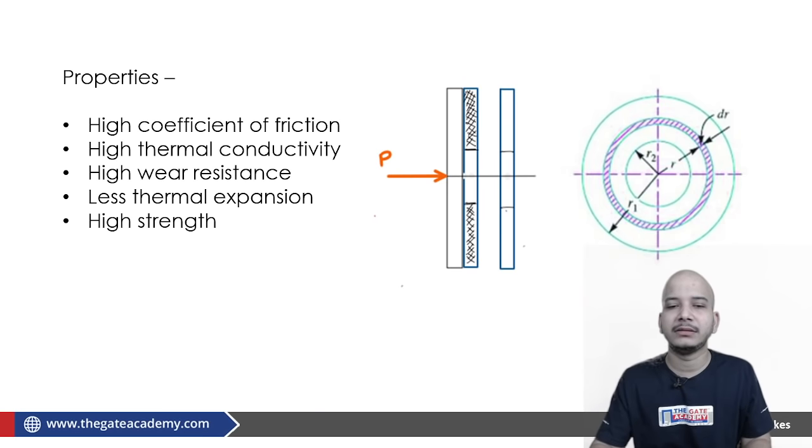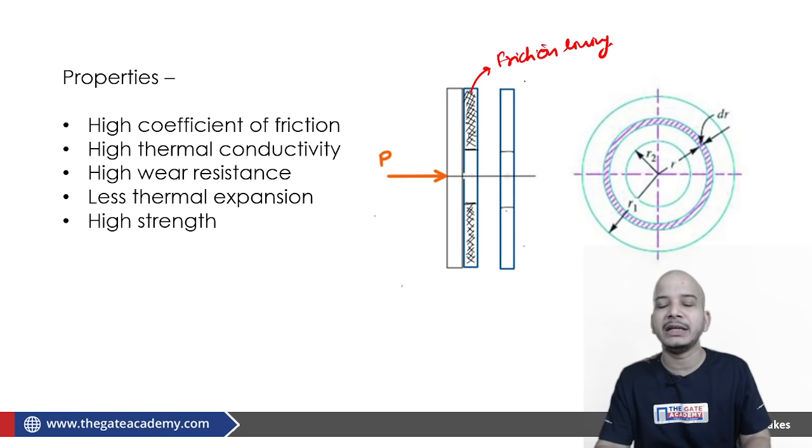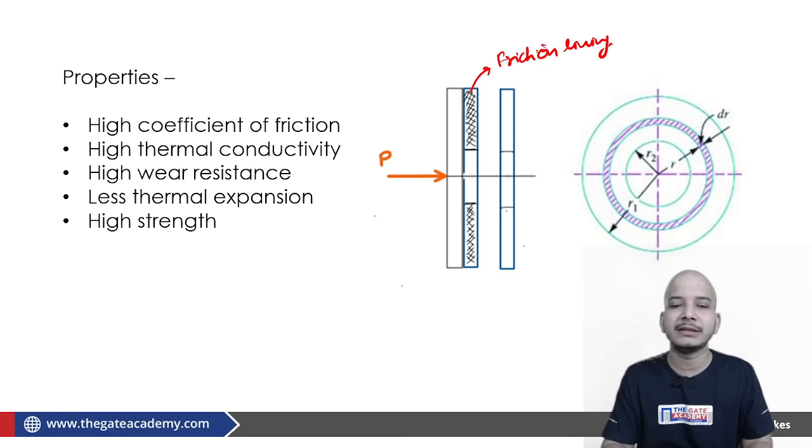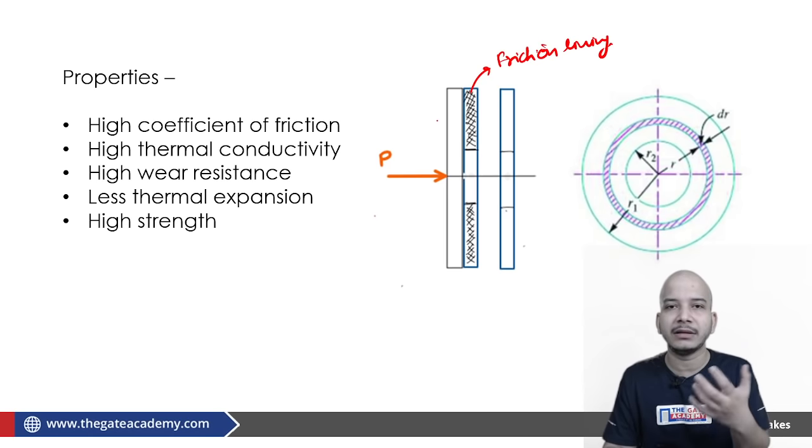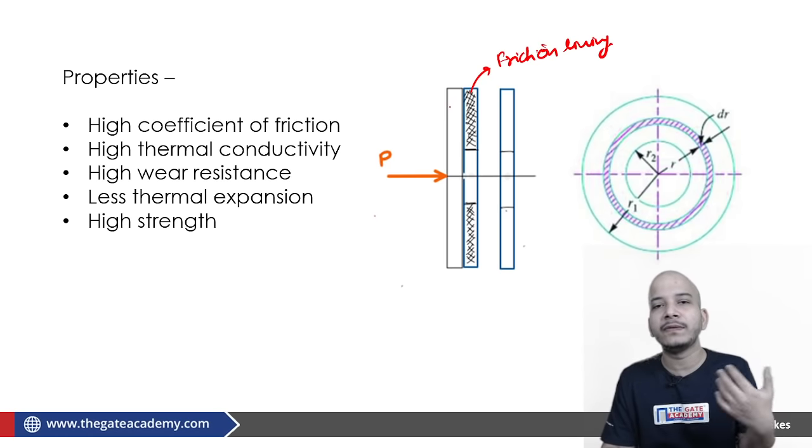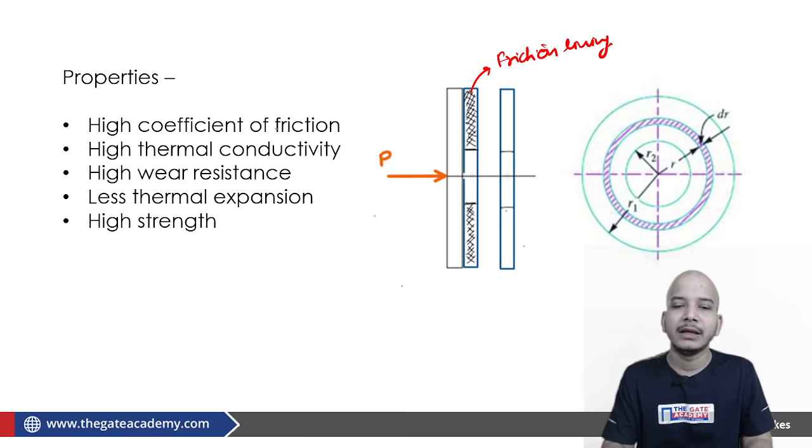First of all, let us go through the theoretical point of view: as far as this friction lining is concerned, what should be the properties? The properties associated are that a high coefficient of friction must be there. Of course, if friction is the cause of torque transmission and the coefficient of friction is less, the amount of torque transmitted will also be less. Fine.